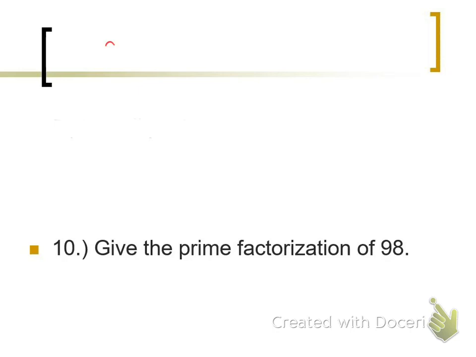Okay, so if I'm breaking down 98, what could I break it into? 2 and 49. 49 breaks into 7 and 7. Can anything break down further? No, because what number never goes on a factor tree? 1. So nothing else can be broken down.